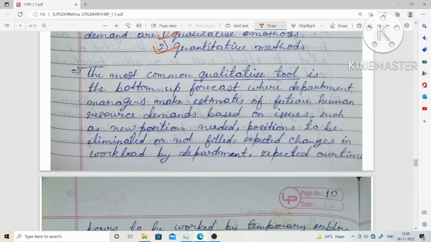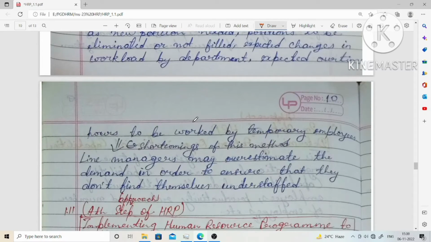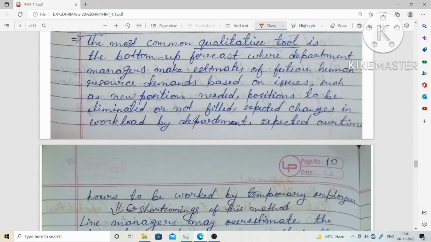So what happens in a bottom up forecast? Department managers make estimates of future human resource demands based on issues such as new positions needed, positions to be vacated or not filled, expected changes in the workload by department, and expected overtime hours to be worked by temporary employees.